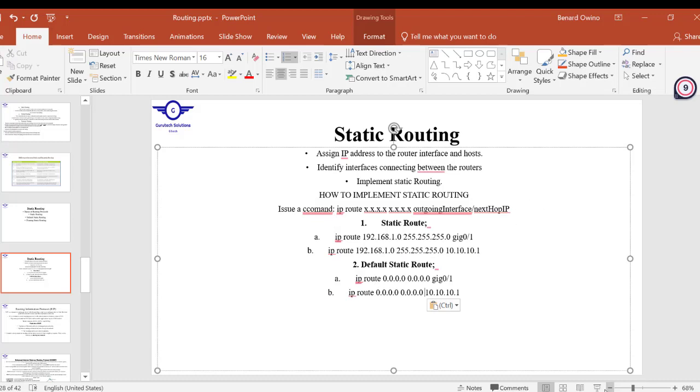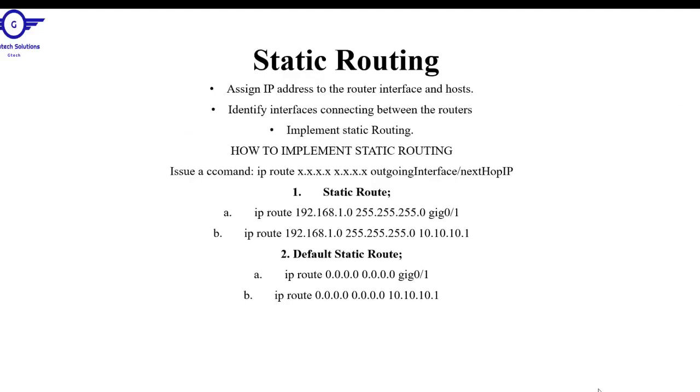So this is where default static routes come in. We just say any IP address 0.0.0.0 with any subnet mask 0.0.0.0 should go through this interface, or through this next hop IP address.